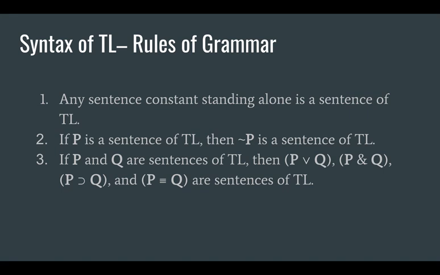And lastly, if you have two separate well-formed formulas, P and Q are the meta variables representing them right now, and you add some binary connective like the wedge or the ampersand or the horseshoe or the triple bar, then that is also a sentence of TL. So as we practice some more, we'll get a hang of what this really means. Let's go ahead and look at some examples now.